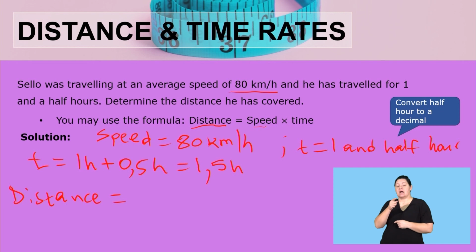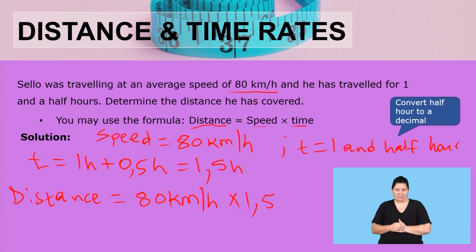Because we are given the formula to calculate the distance, we will say distance equals, the formula is given as speed multiplied by time. Our speed is 80 kilometers per hour, multiplied by the time, 1.5 hours. So let's press the calculator together. Then we will have 80 multiplied by 1.5.